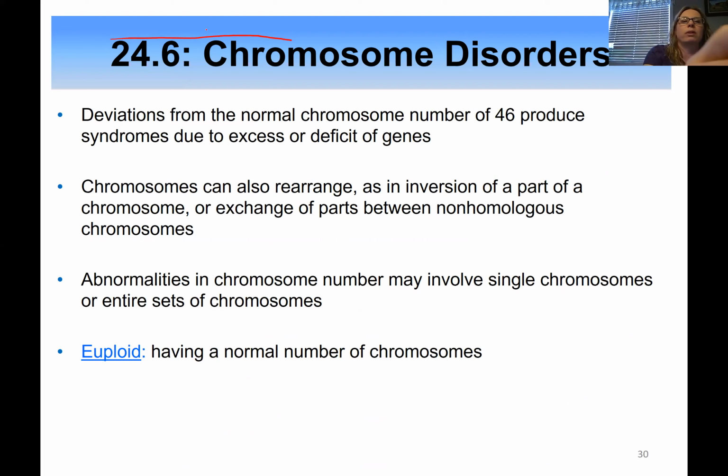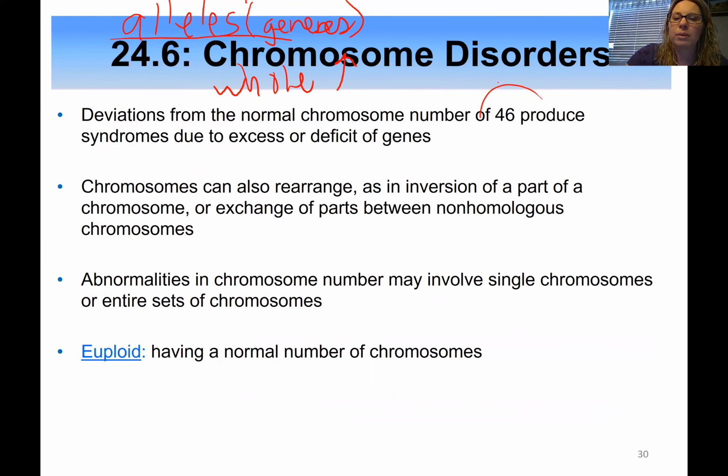Previously, up until this point, we were talking about alleles or single genes or groups of genes. Here we're going to look at the whole chromosome. Remember, humans have 46 chromosomes. And once in a while, a cell, a zygote, could get an abnormal number of chromosomes, and that would cause some issues.